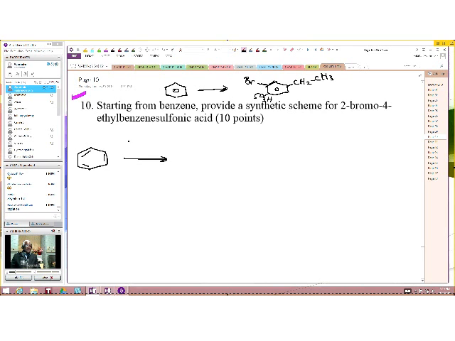You take benzene and do Friedel-Crafts acylation, which uses this acid chloride, in the presence of aluminum chloride, so you get this. Notice here, when you are asked to give the synthetic scheme, you don't need to give the mechanism.